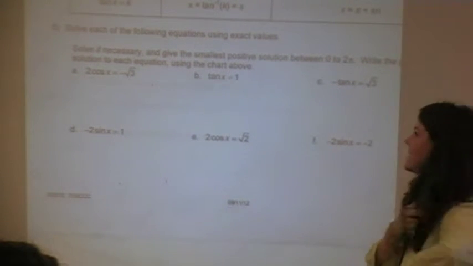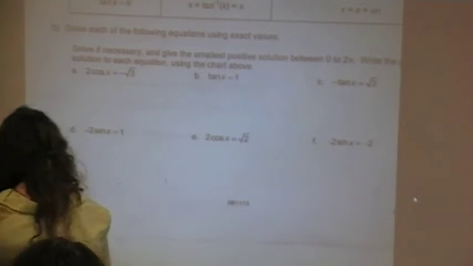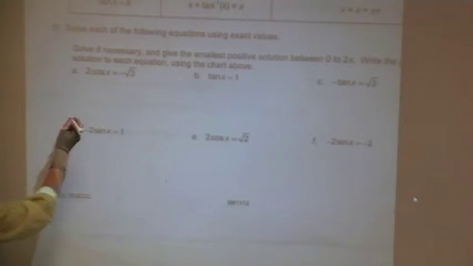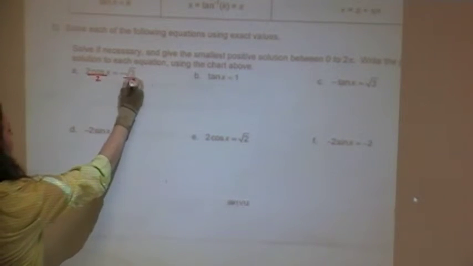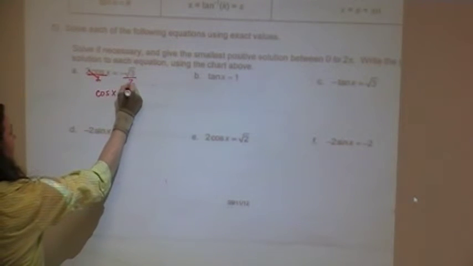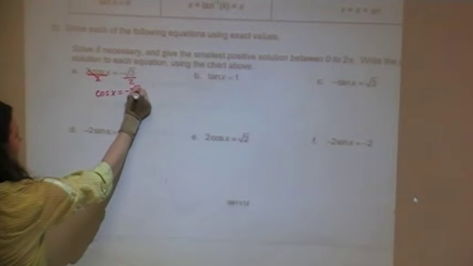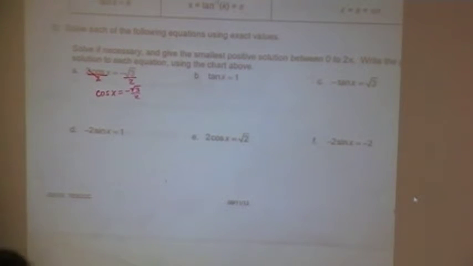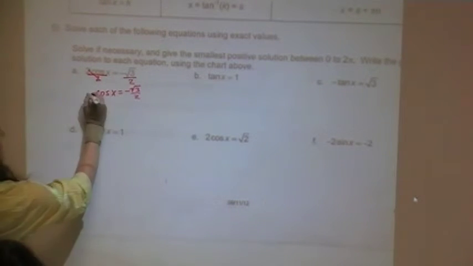2 cosine x equals negative square root of 3. So what do I do first? Divide by 2. Okay, we're going to arc cosine to get rid of the word cosine.